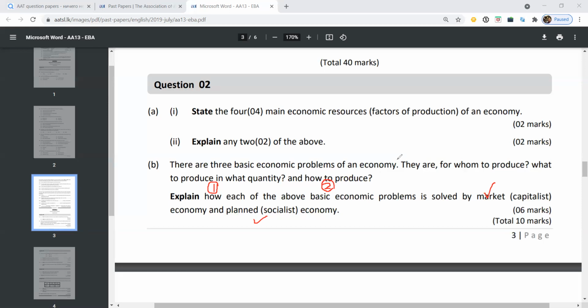Then I concentrate on for whom to produce. So actually, this is about distribution, the problem of distribution. There is a matter because income inequality can be seen. Some people have really high income, some people have really low income, sometimes middle income earners. Whatever, the private producer in the market economy concentrates on, or the goods are supplied for those who can afford.